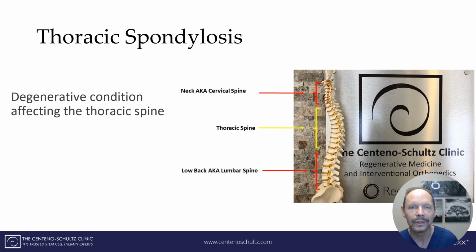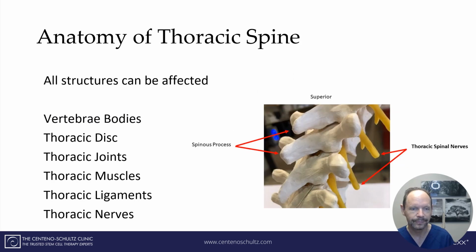And what in the world is the thoracic spine? It's that section below the neck and above the lumbar spine. It's sometimes referred to as the mid-back. So thoracic spondylosis is a degenerative condition involving the mid portion of your spine.